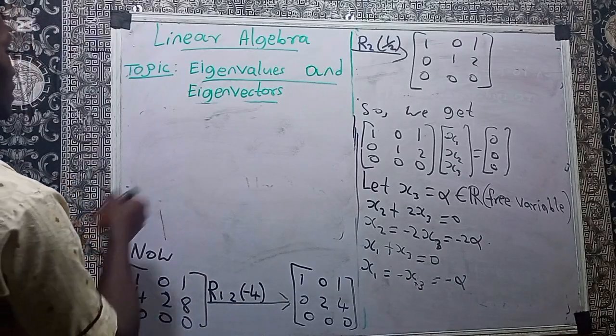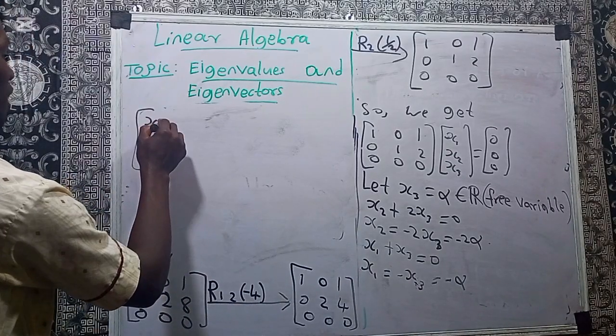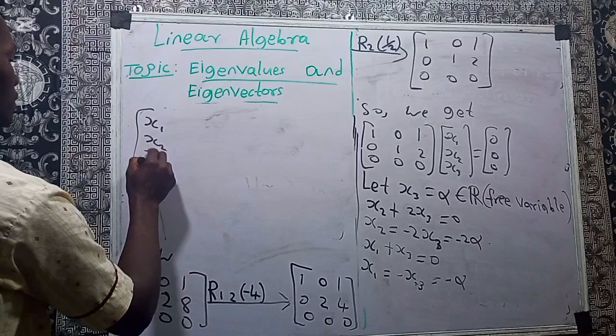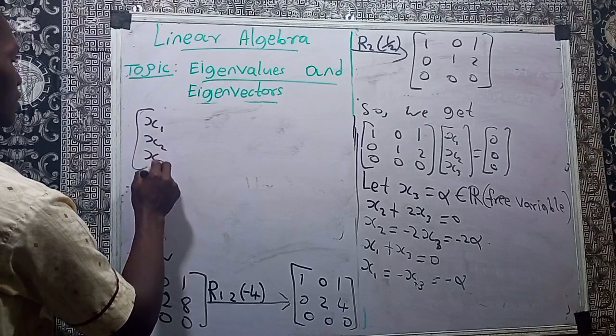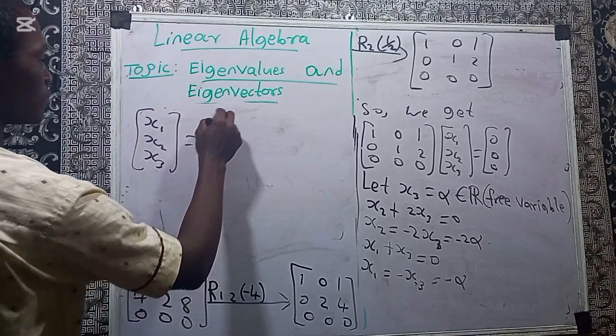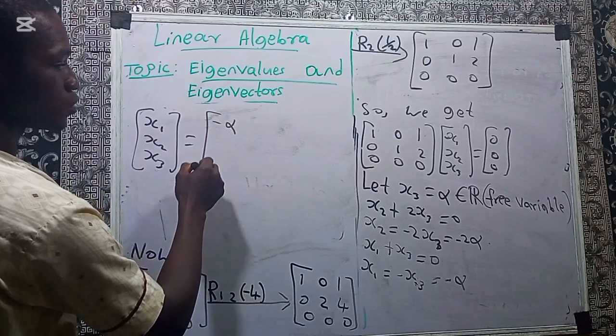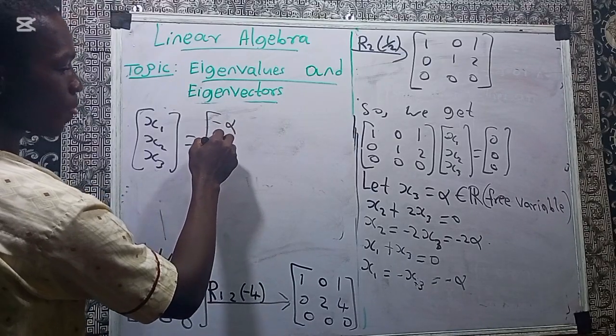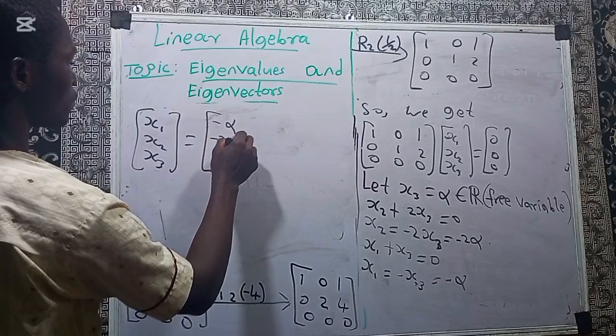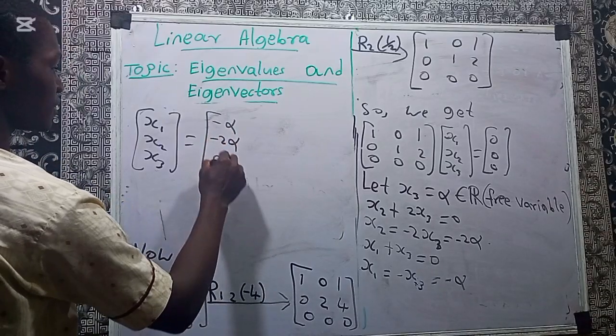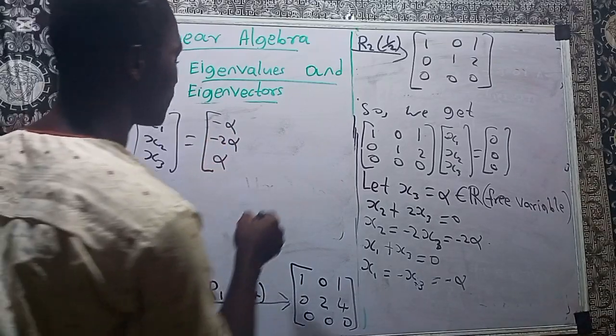So we can write our column vector having entries x1, x2, x3 to be equal to, your x1 is negative alpha, your x2 is negative 2 alpha, and your x3 is alpha, right?